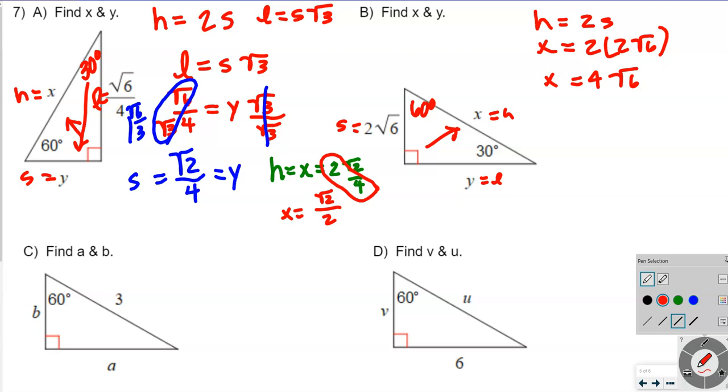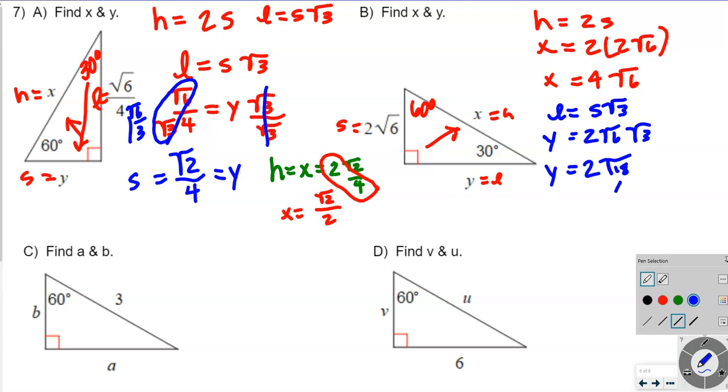Now we're going to use our L formula, right? So L is equal to S square root of 3, right? So our S was 2 square root of 6, times the square root of 3. That's going to be equal to our y this time, right? Okay. So once again, we can put that 6 and that 3 underneath the radical. So this is going to be 2 times the square root of 18, right?